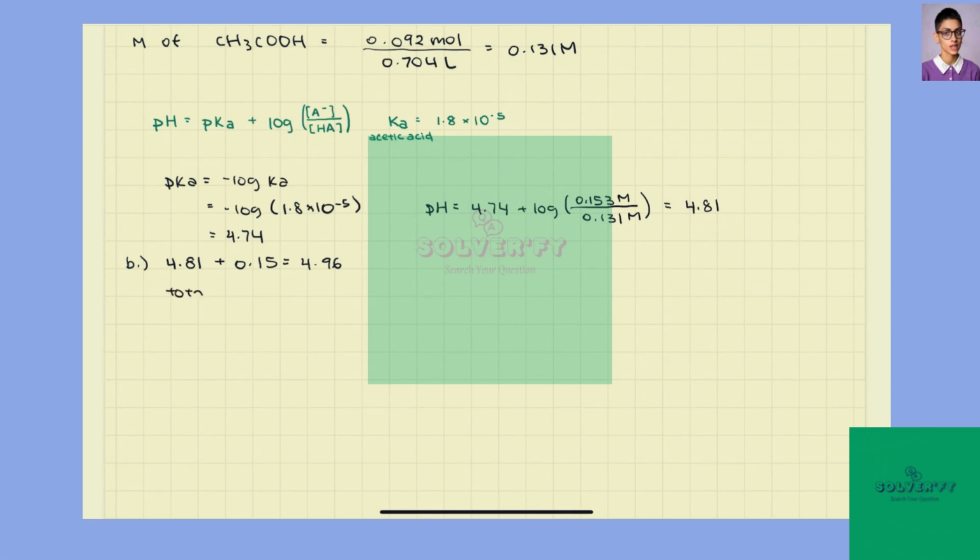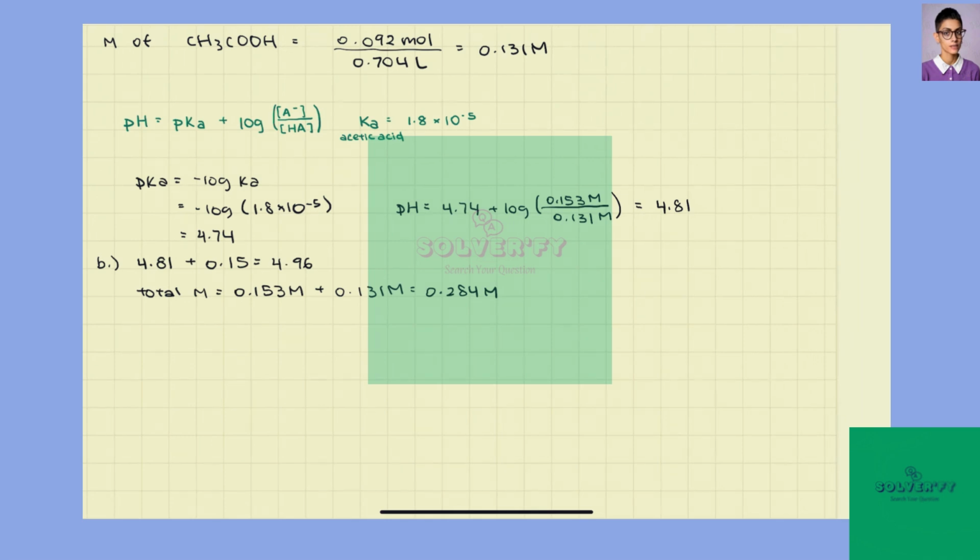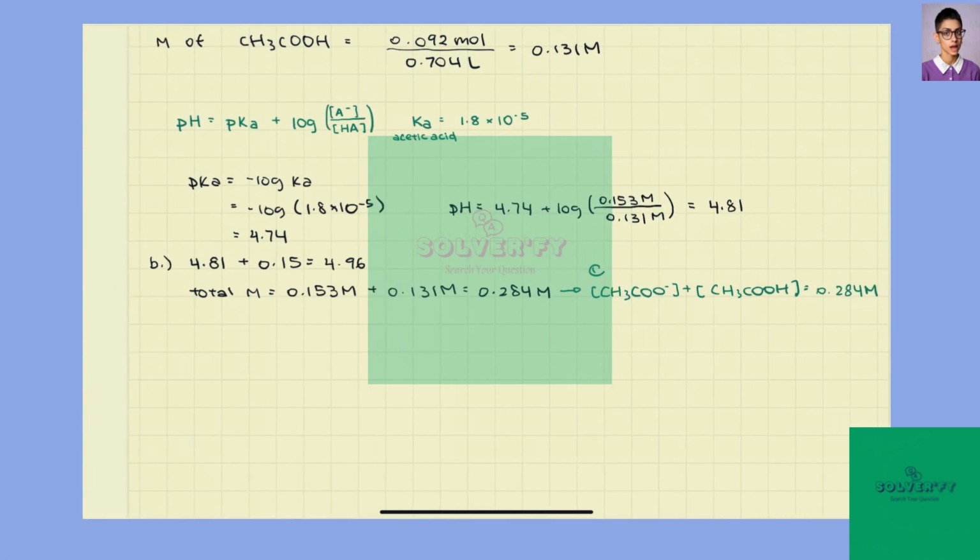Our total molar, which is the addition from what we have solved from part A, would be 0.284 molar. This is extended from this relationship. We will need to use this relationship later in our problem. Let's mark this as equation 1.